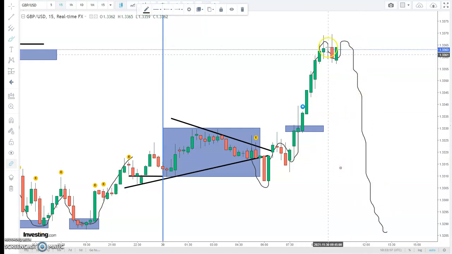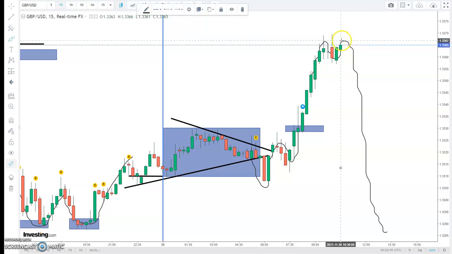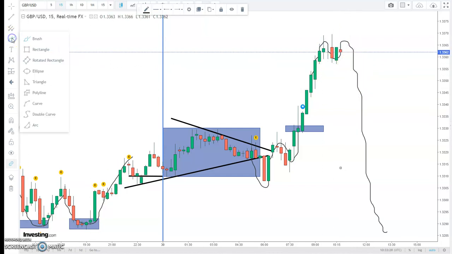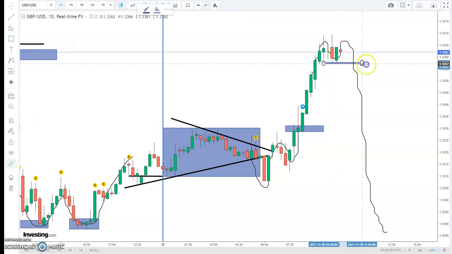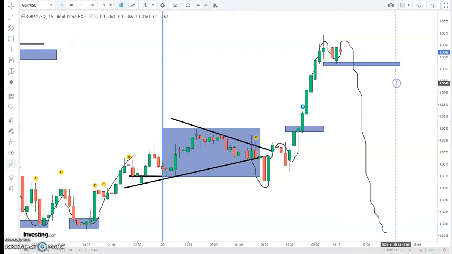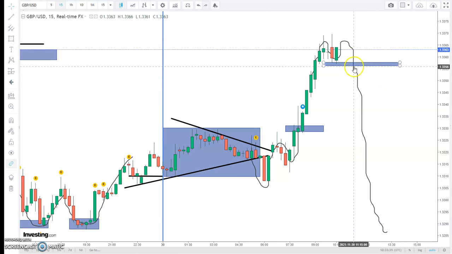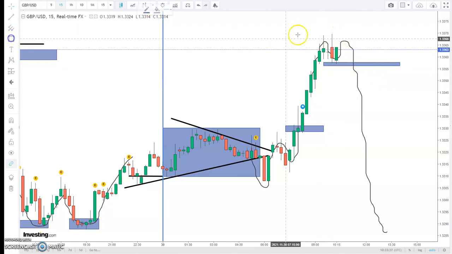So until it has formed the second high, and it looks like it's forming it, it then drops. Only after this area here would you consider a trade low, and your stop loss would be up here.